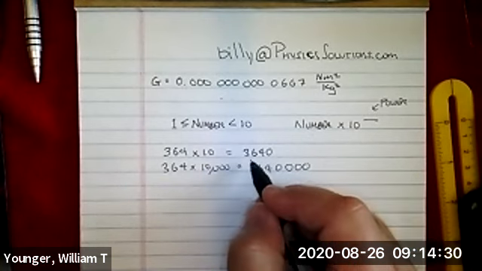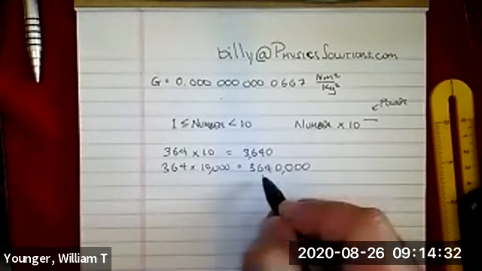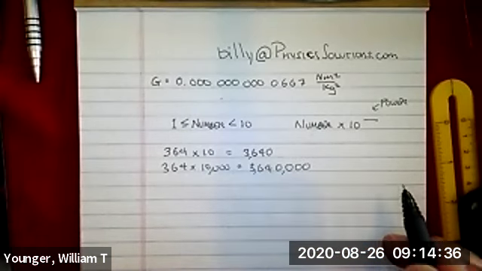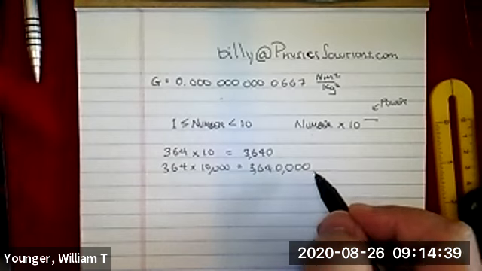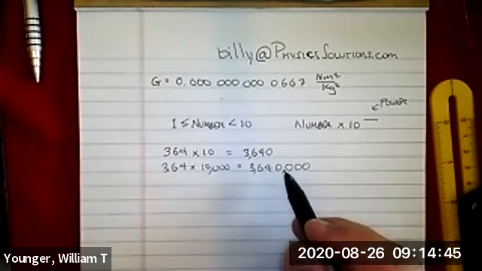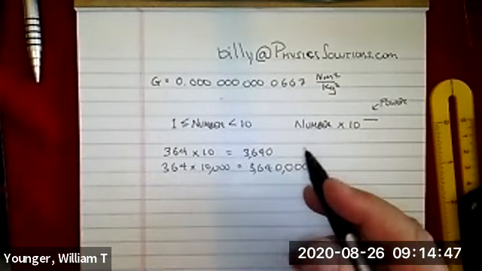And of course, it'd be helpful to put commas here. Remember, when you do your commas, you technically go from the right-hand side. Since the decimal is understood to be here, I basically moved the decimal 4 places to the right.